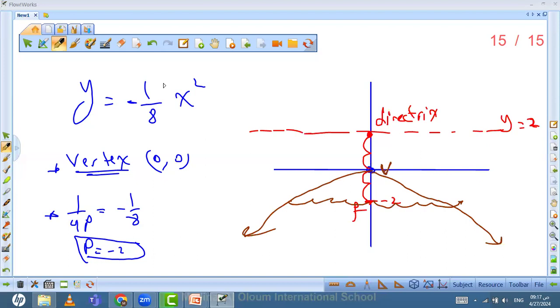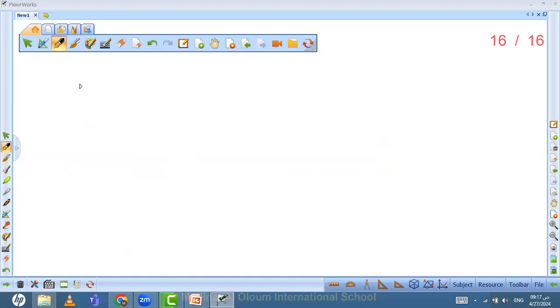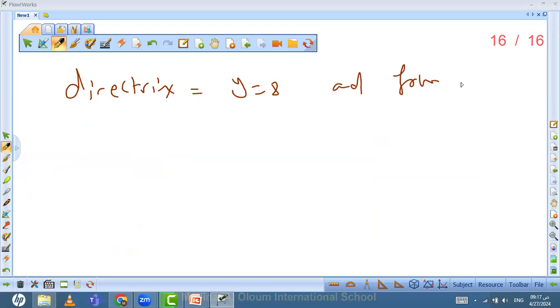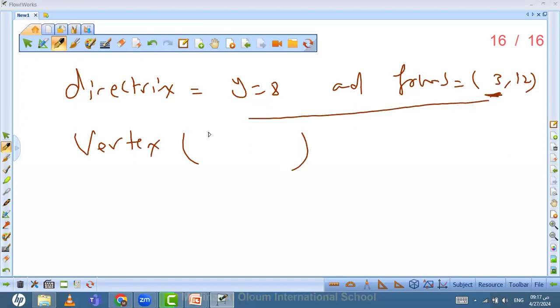Okay, if I give you the directrix and the focus, how could you get the vertex? Look at this one. If the directrix is y equal to 8, and the focus is 3 and 12, how can we get the vertex? My vertex has the same x as the focus, which is 3.